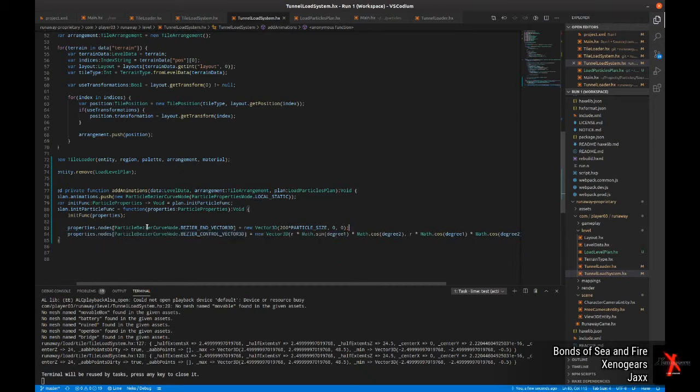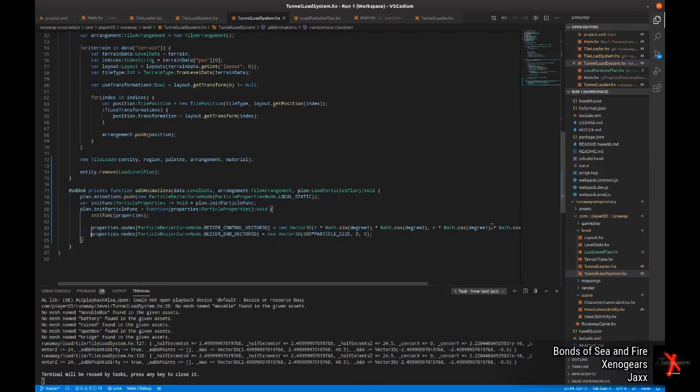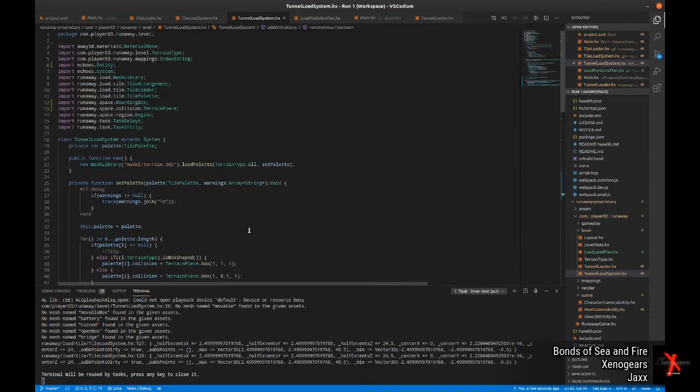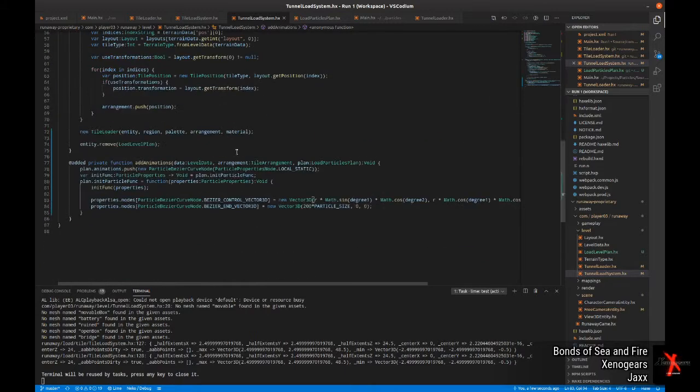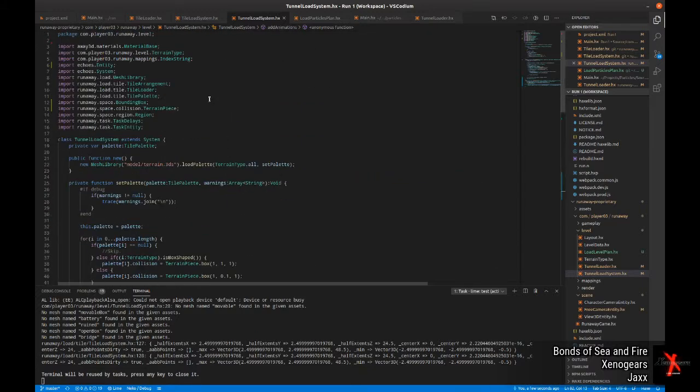So this is the code I need to set an endpoint and some information about the curve. I need to import this stuff.